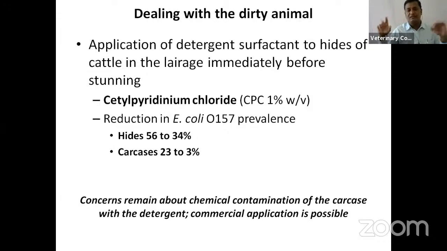That means decontamination using chemicals, using detergents or other chemicals.